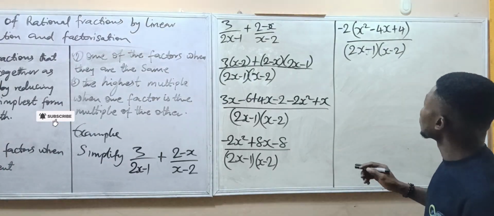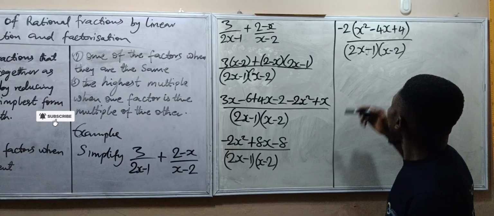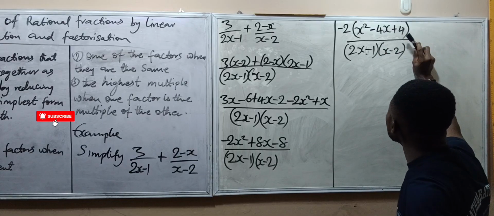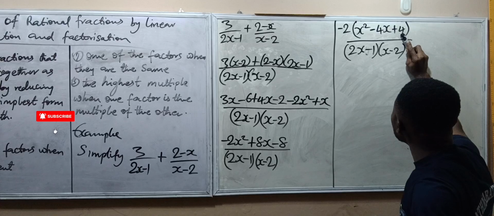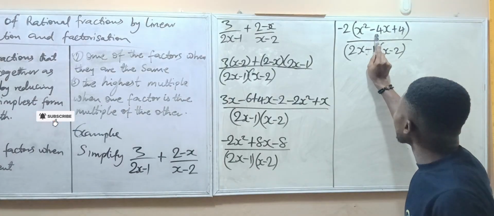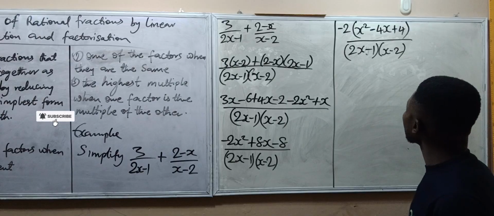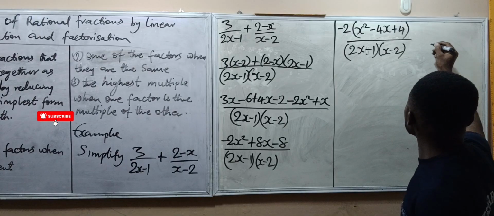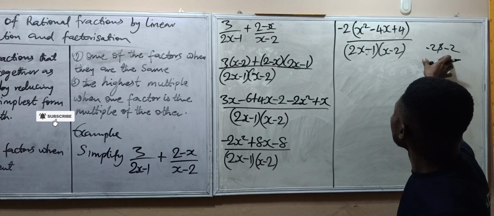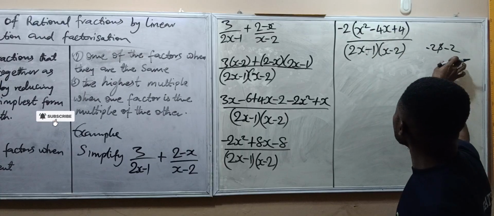Now let's factorize the numerator. So for this one in the bracket, we look for two numbers which when we multiply, will give us 4, and when we add, it gives us minus 4. And the two numbers are minus 2 and minus 2. If you add minus 2 and minus 2, it will give you minus 4, and when you multiply, it gives you 4.